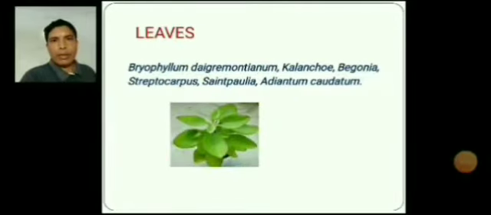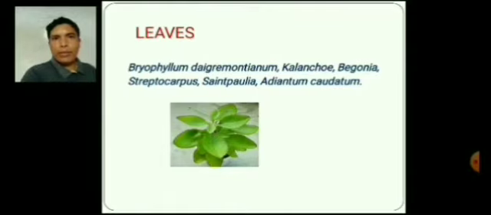Now we have leaves. You know Bryophyllum, known as Manahidak in Manipuri, has leaves as its vegetative propagules. Other plants which have leaves as their vegetative propagules are Kalanchoe, Begonia, Streptocarpus, Saintpaulia, and Adiantum caudatum. Right?